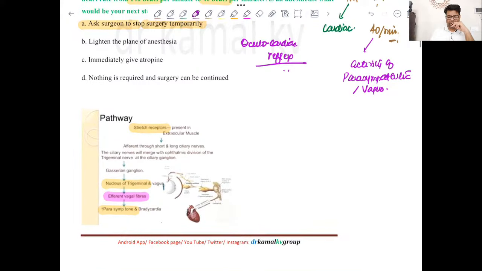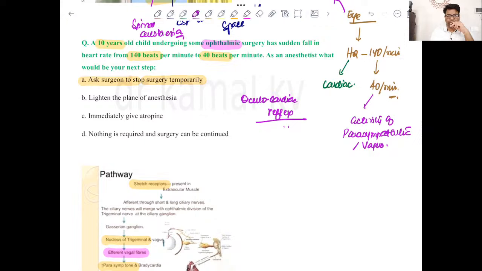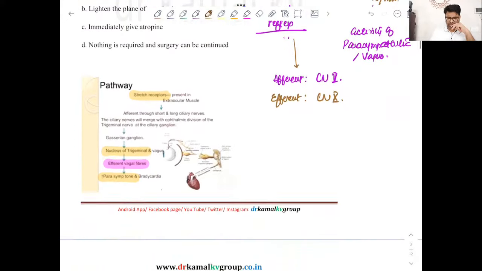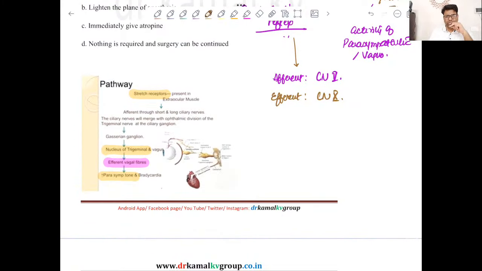So this is oculocardiac reflex, where the afferent is cranial nerve 5 and the efferent is cranial nerve 10, right? And this question has been repeated in FMG also.